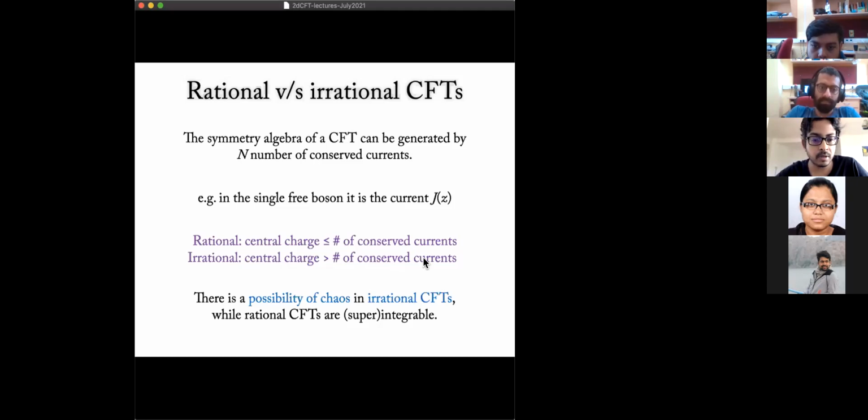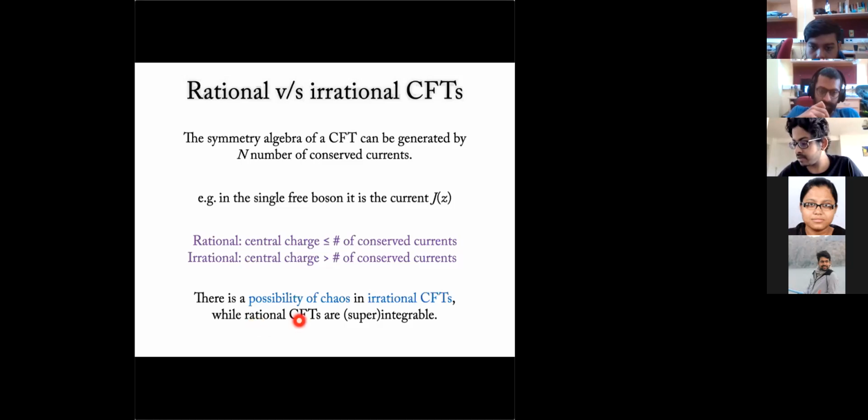As you can see, the central charge is a measure of the number of degrees of freedom of your system, and on the right-hand side of these inequalities, you have the number of conserved quantities. If the number of degrees of freedom is less than the number of conserved quantities, your system is integrable. What that implies is that rational CFTs are integrable or super integrable.